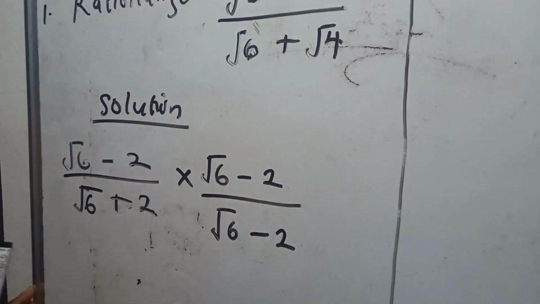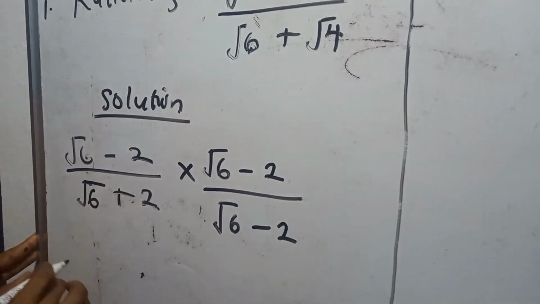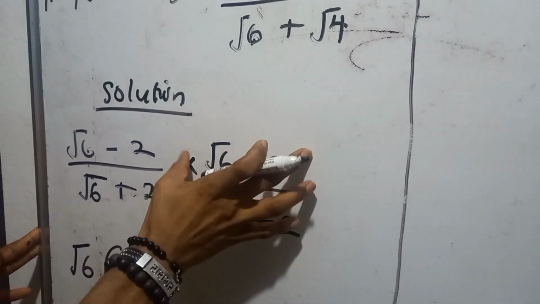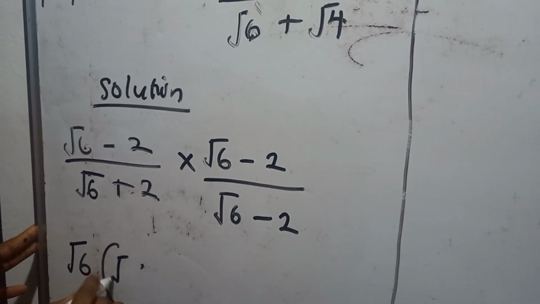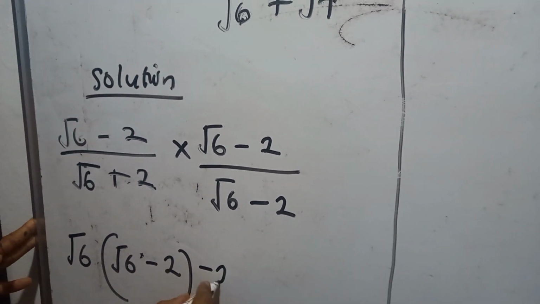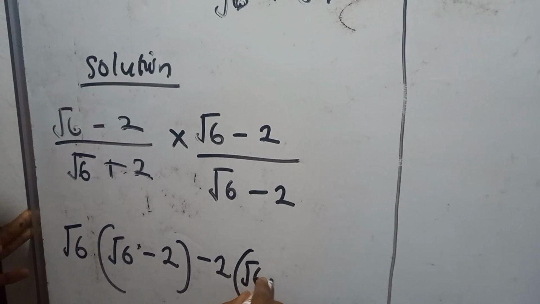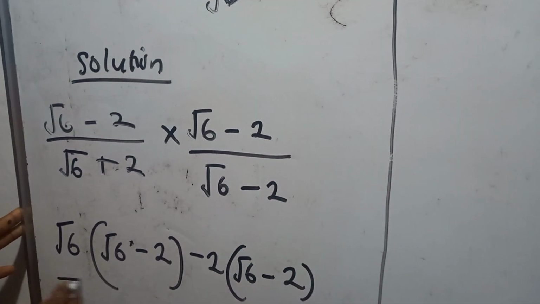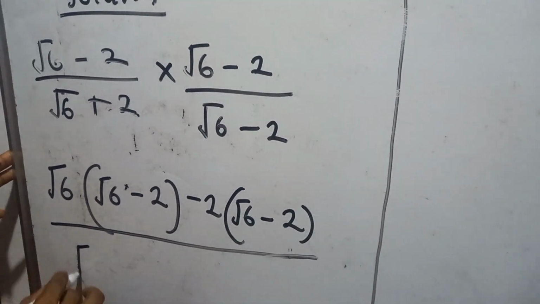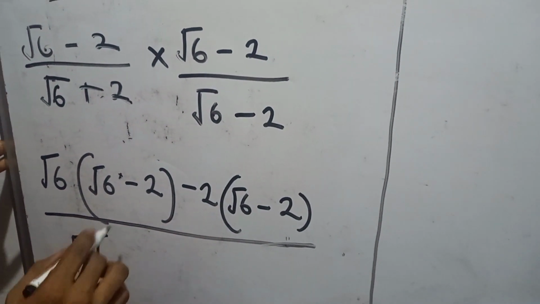The next thing to do is to expand the brackets. Root 6 multiplies root 6 minus 2, and minus 2 also multiplies root 6 minus 2. Same thing we did to the numerator, we do to the denominator.